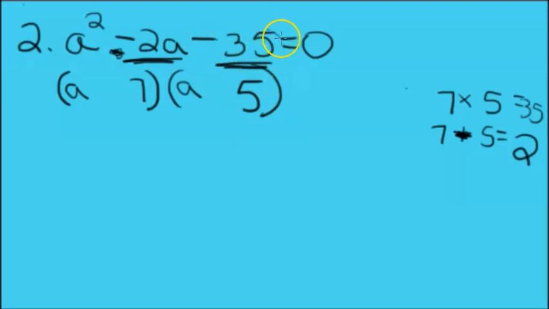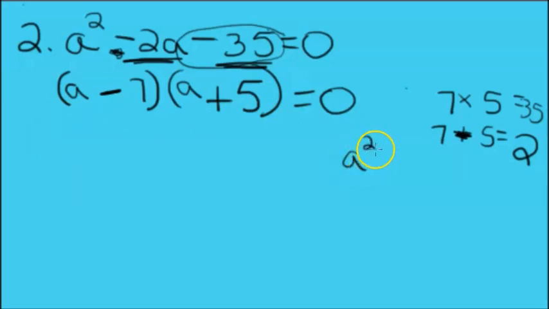Since this one is 35, it's a bigger number, we're going to put the negative on the bigger number and the positive on the smaller number. Let's see if this works out. We double check our work.